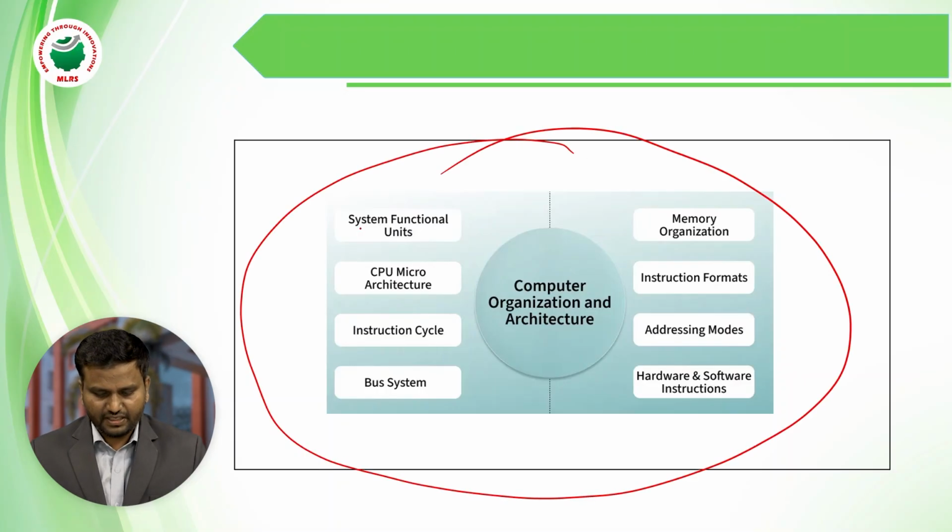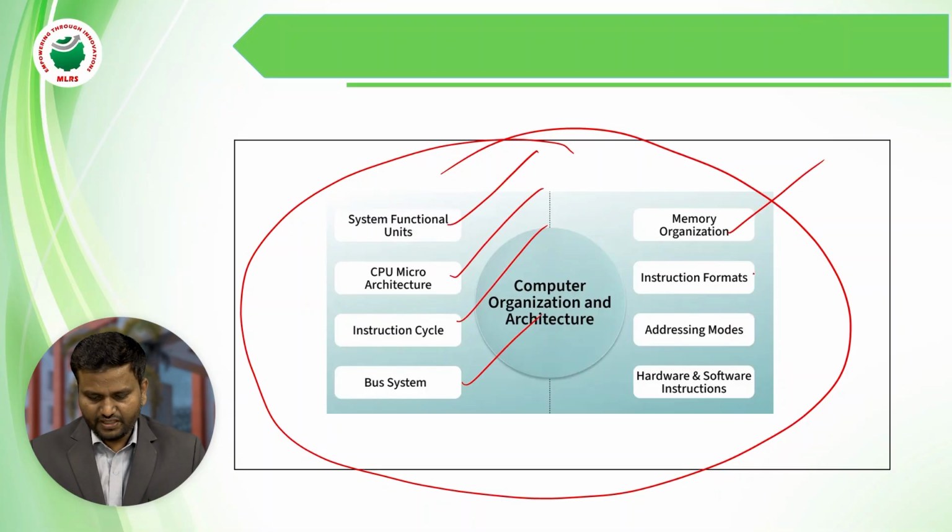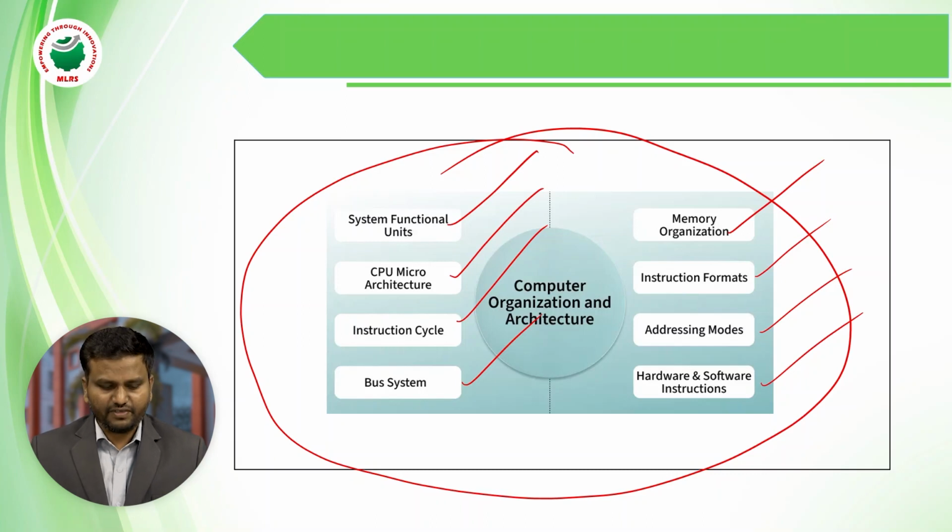The computer organization architecture follows the system functional units, CPU microarchitecture, instruction cycle, bus system, memory organization, instruction formats and addressing modes, and hardware software instructions. System functional units means the system has some functional units. CPU microarchitecture means that in the CPU we have small micro architectures.